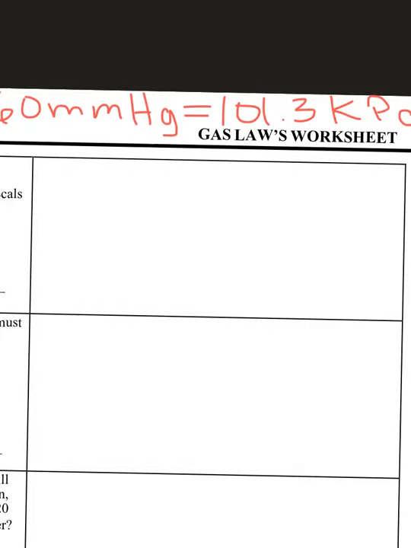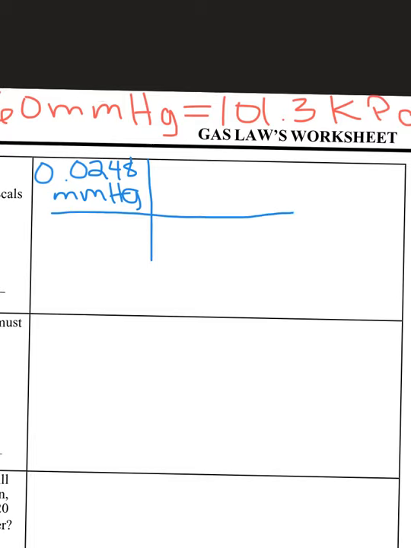We're starting off with 0.0248 millimeters mercury. Remember this lovely thing? We're doing our conversions. We need to go to pascals. Now the closest thing we have to pascals is kilopascals, so that's where we're going to go first.